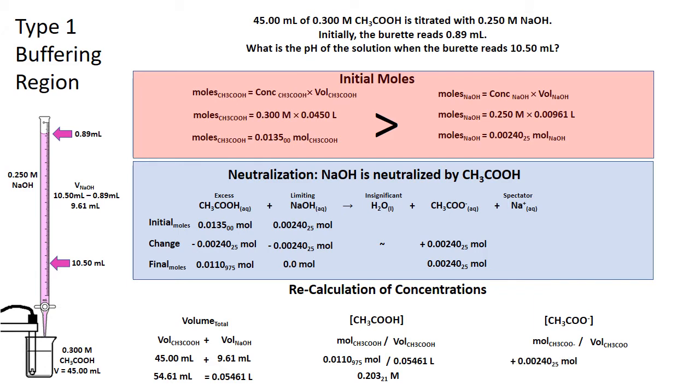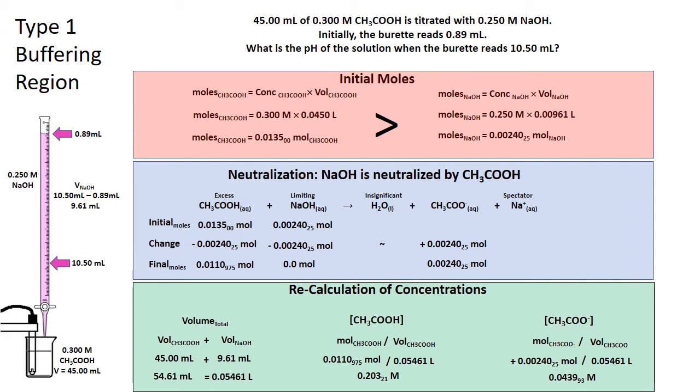They share the same space, and so the number of moles of acetate ion that were produced, 0.00240 moles, we divide by the volume that we previously calculated, and now we have a new concentration of acetate ion of 0.043993 molar.